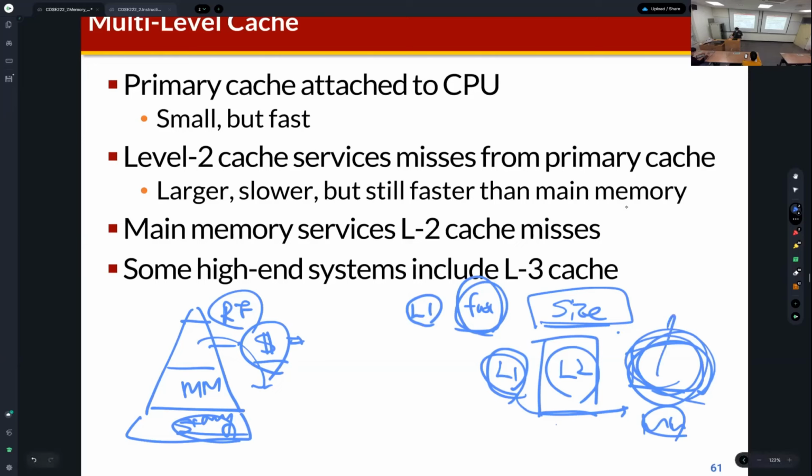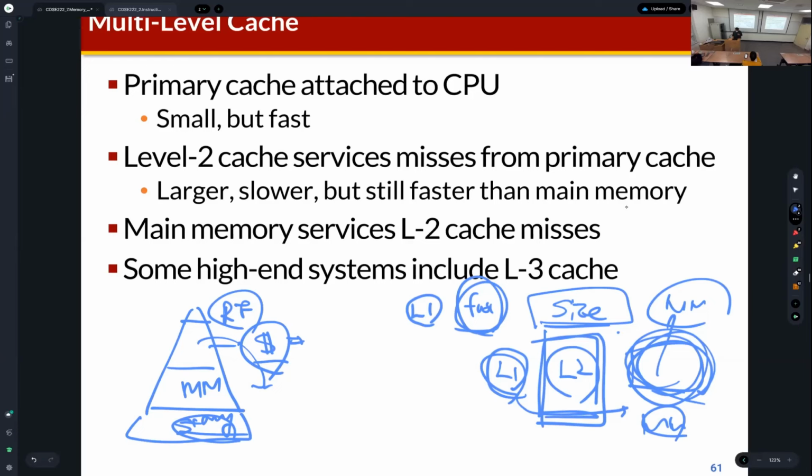But we know the main memory is external memory, which means the main memory is connected to the CPU chip via PCB lines. So it's very slow actually. And we cannot increase the number of these PCB lines. It's very expensive.